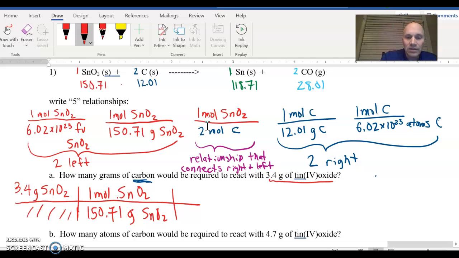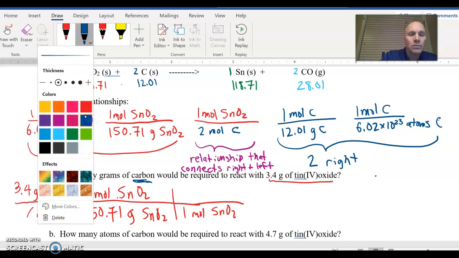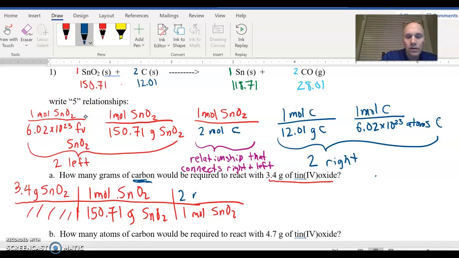That's going to put 1 mole SnO2 down here, and we're going to switch pen color, 2 moles of carbon. This is the point where I say you're at the 50-yard line. You've gotten halfway there, from something related to tin oxide to something that relates to carbon.